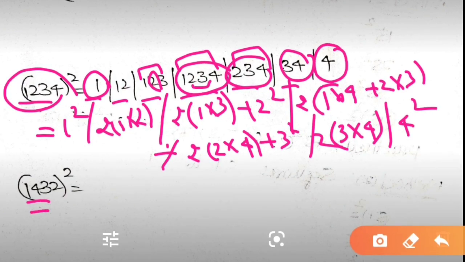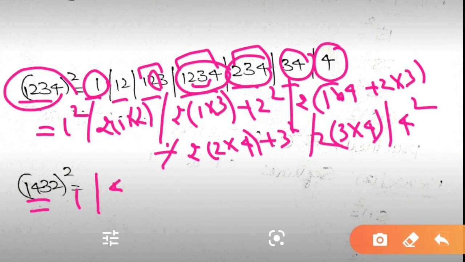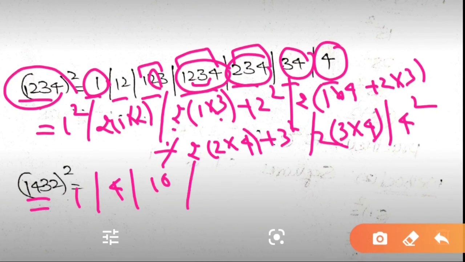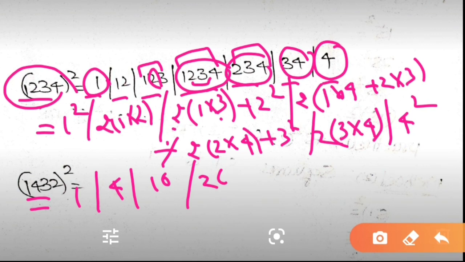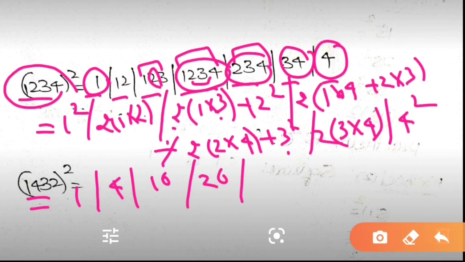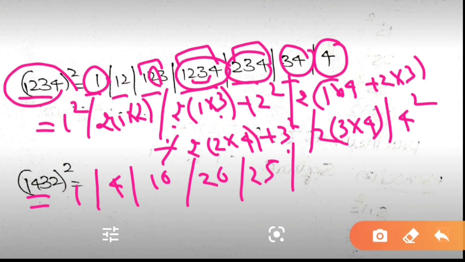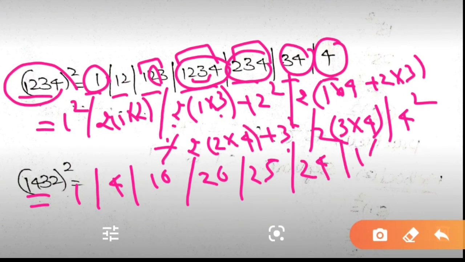So here 1 square means 1, this is 4 you will get, this is 6 plus 4, 10, this is 4 plus 6, 10, it is 20 you will get, 9 square 9 plus 2 into 4 into 4, 16, 16 plus 9 it is 25, it is 12, 24 you will get, here 16.